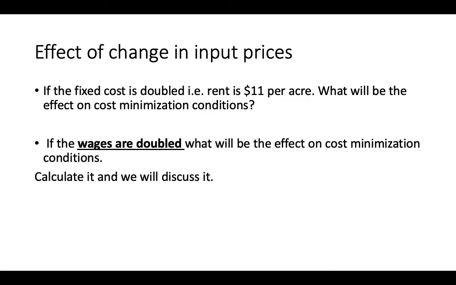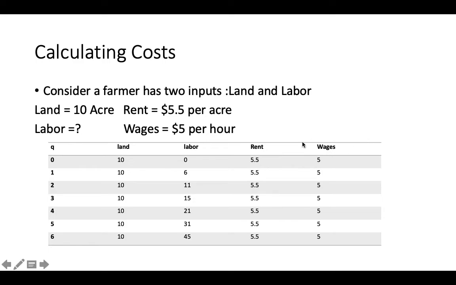Now, the question is that if any of the input prices increases, for example, if the fixed cost is doubled, that is rent is increased to $11, previously it was $5.5. So if the rent is doubled, what will be the effect on rent?